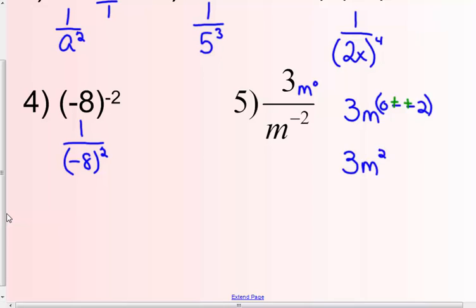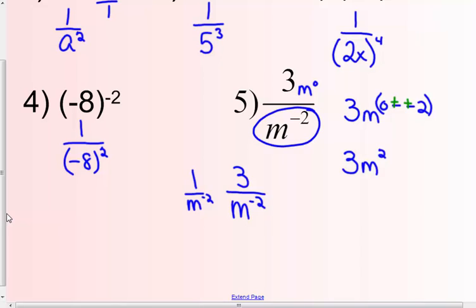How would that become positive? Well, if I did the reciprocal of something in the denominator, doesn't it go up to the numerator? The multiplicative inverse of this would be, because this is like being 1 over m to the negative second.